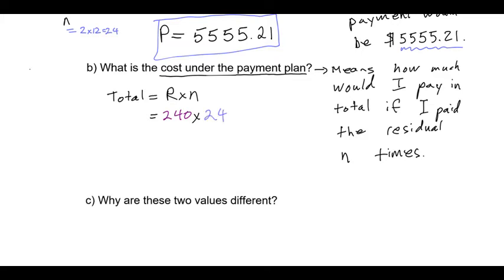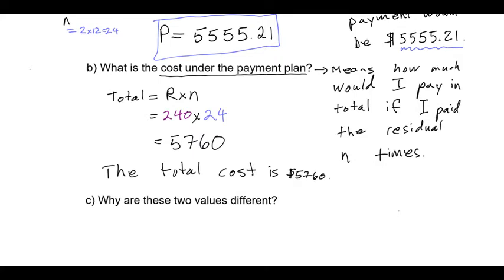And just remember, it's always the residual times the number, and that gives us 5,760. So, therefore, the total cost would be $5,760. So remember, the total is always the residual times the number of times we pay that residual.